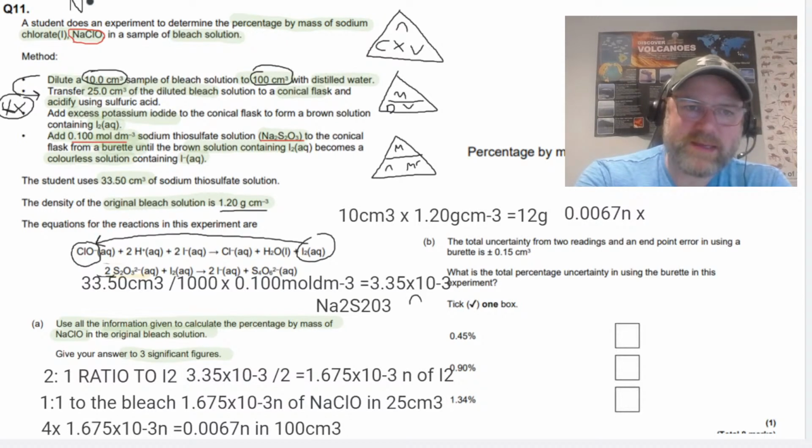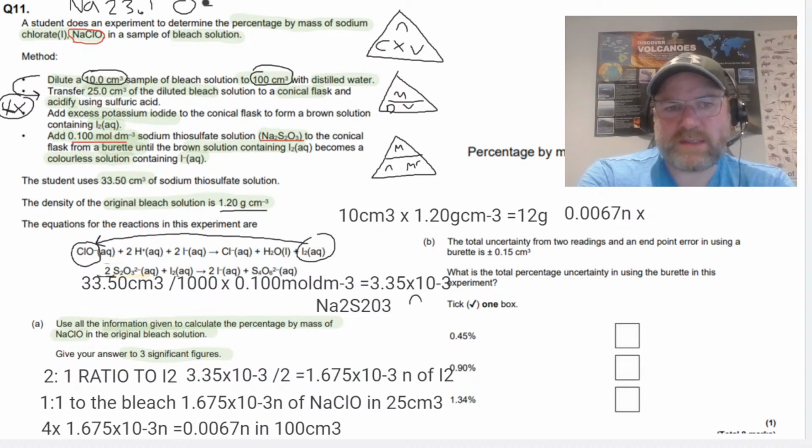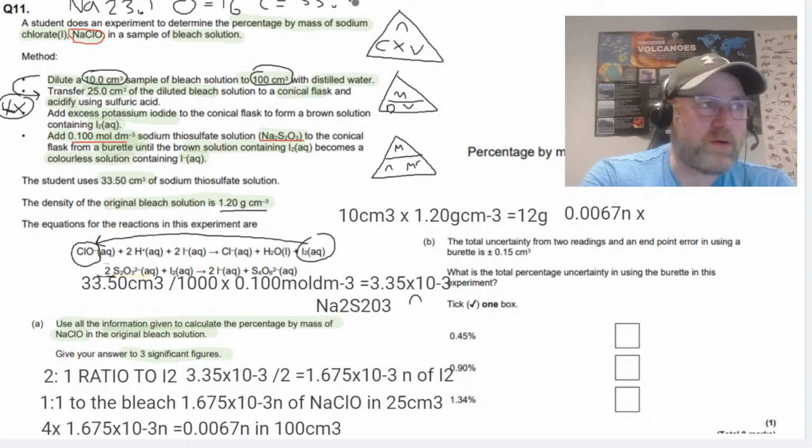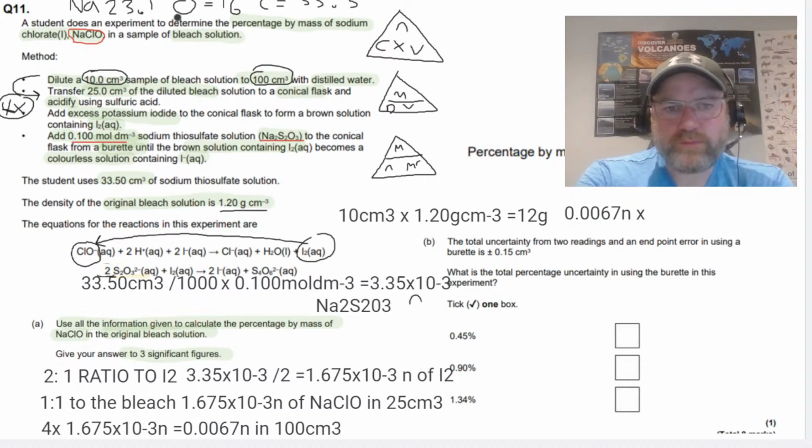Na is 23.1, O is 16, and Cl is 35.5. So if we smash that all in, there's two Nas, remember. We've got 2 times that because it's Na.